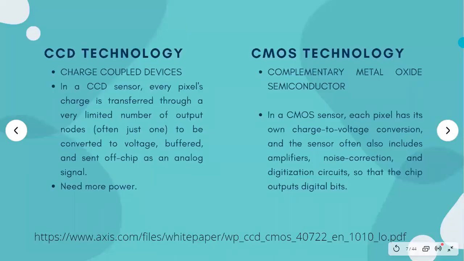Now, if we are going to discuss the two most competing technologies in the field of computer vision sensors, they would be CCD technology and CMOS technology, where CCD stands for charge coupled devices and CMOS stands for complementary metal oxide semiconductor devices.